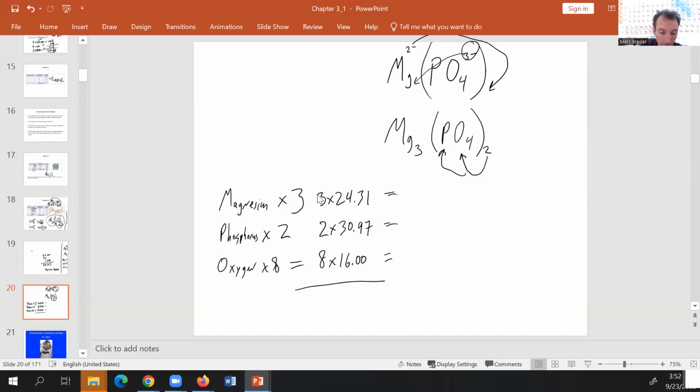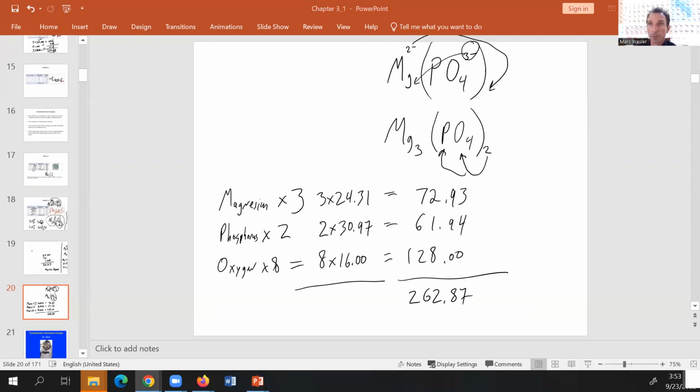So 3 times 24.31, 72.93. 2 times 30.97, 61.94. And then 8 times 16 is 128.00. Then you add these up, and you get 262.87. And so that's how you do polyatomic molecular weight.